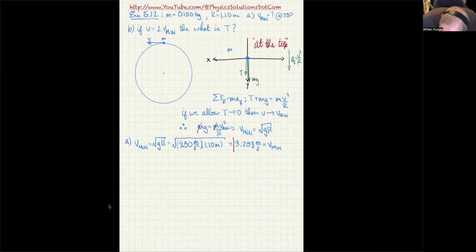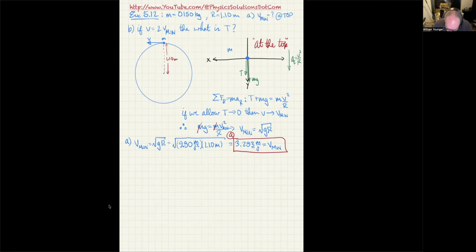So we've now solved part A: the minimum velocity that the ball can have to maintain the circular orbit at the top would be 3.283 meters per second. Of course, at that point, the tension in the string would become zero and the string would go slack if it was going any slower.